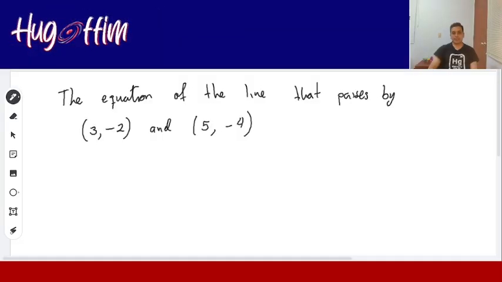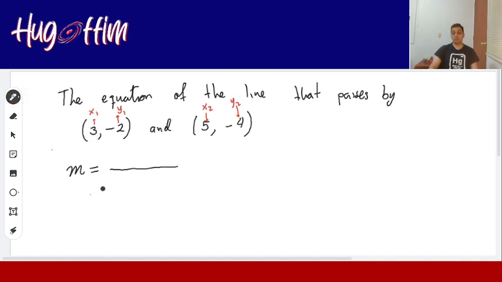Now, if you remember, this is the problem I gave you in the last video. So we're going to calculate the gradient first. Remember that the gradient is just rise over run, or y2 minus y1 over x2 minus x1. So I'm going to name my points x1, y1, x2, y2.